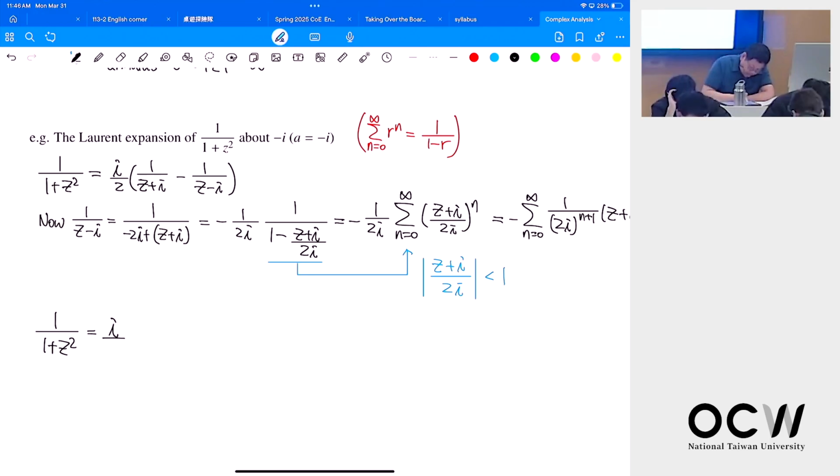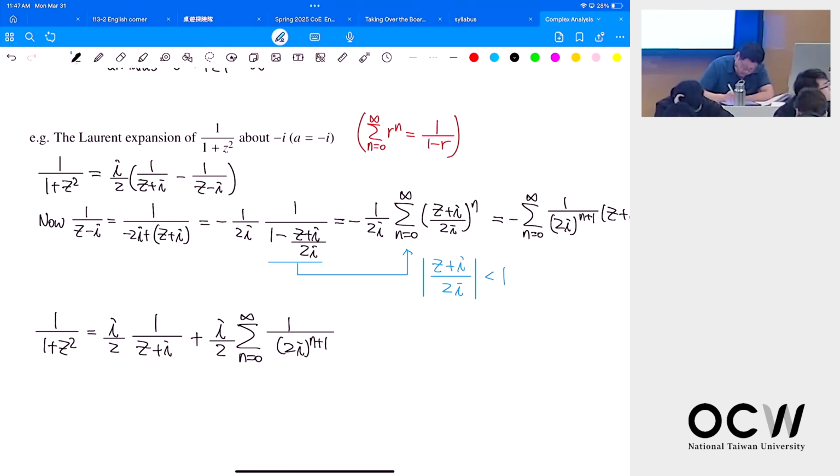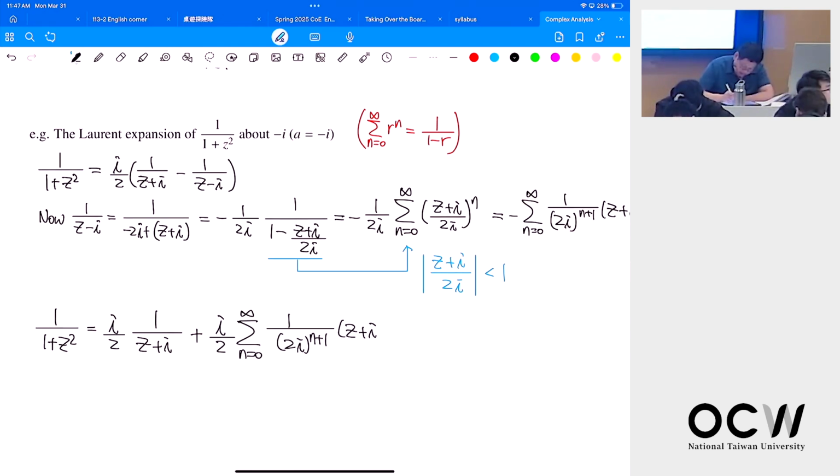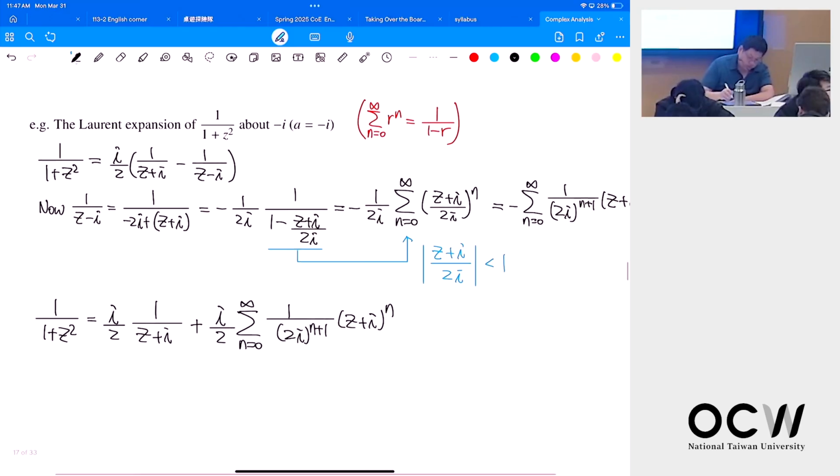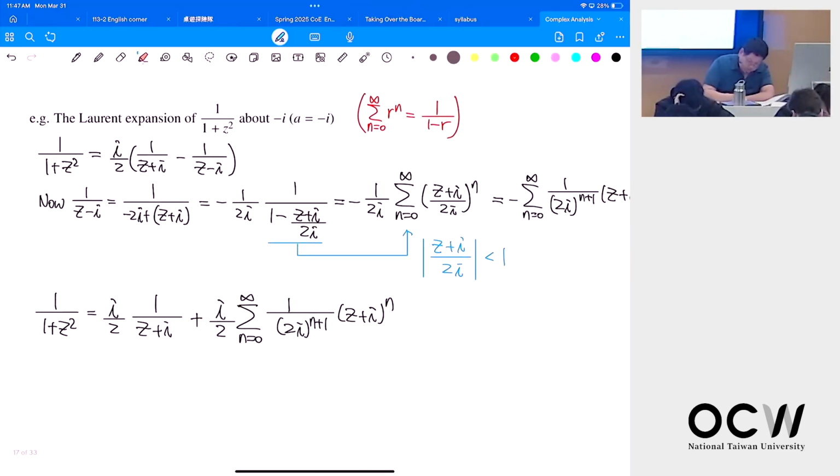The first term is I over 2 times 1 over z plus I, and then the second term will be I over 2 times the summation n from 0 to infinity of 1 over 2I to the n plus 1 times z plus I to the n. So this is the Laurent part, and here is the Taylor series.